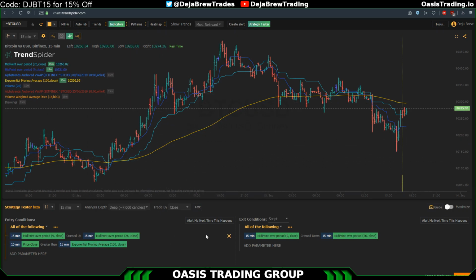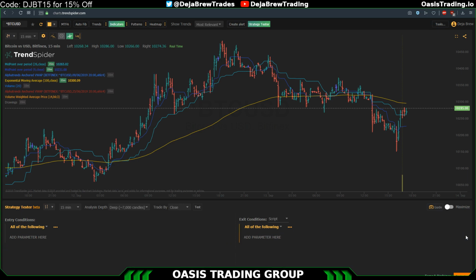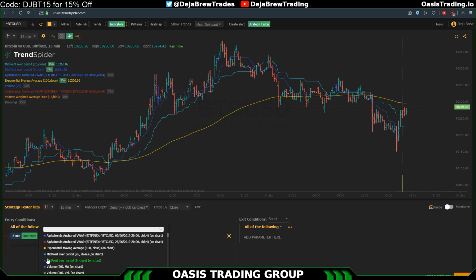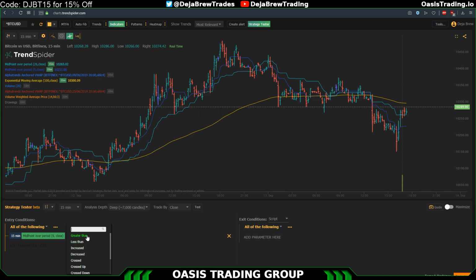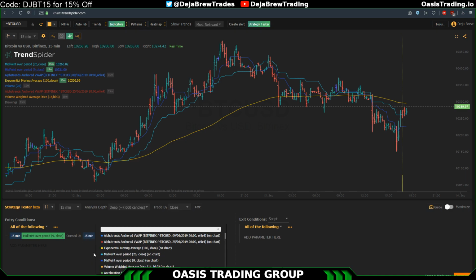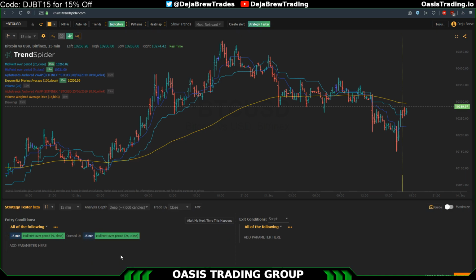So I'm going to go over how to build this. Let me go ahead and delete these, and we'll build this from scratch. Go ahead and click Add Parameter, and then you're going to do Condition. You're going to look for Indicator, and then you're going to pull up whichever indicator it is that you want to start the strategy with. My indicator is midpoint over period 9. And then we do cross up, indicator 26.